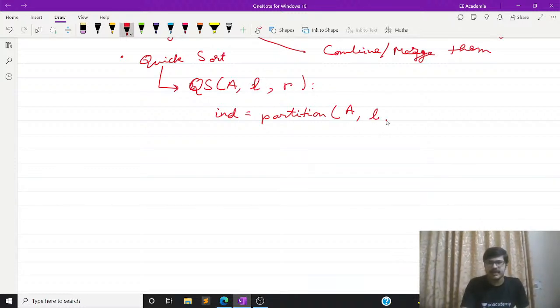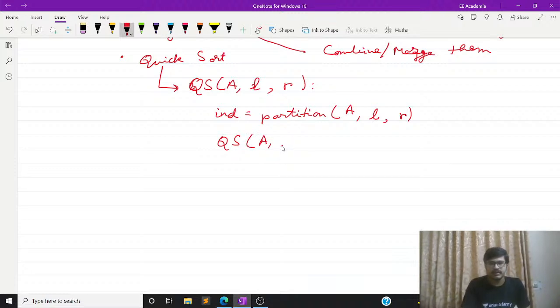You partition the array in two halves, using the partition algorithm. Then you recursively solve this left half and the right half. So you call quick sort recursively on the left part up to index minus 1, and again you call quick sort on the right half.